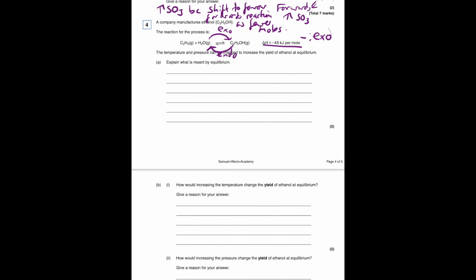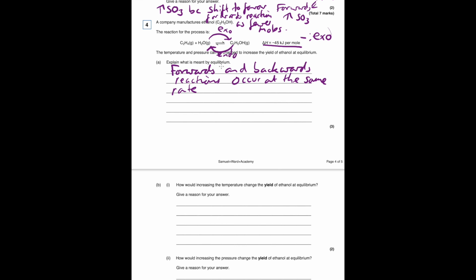So the first question we've been asked though is to explain what is meant by an equilibrium. So here we can talk about it being reversible, so it has a forwards and backwards reaction. But at equilibrium, we know that our rates are occurring at the same time. So forwards and backwards reactions occur at the same rate.